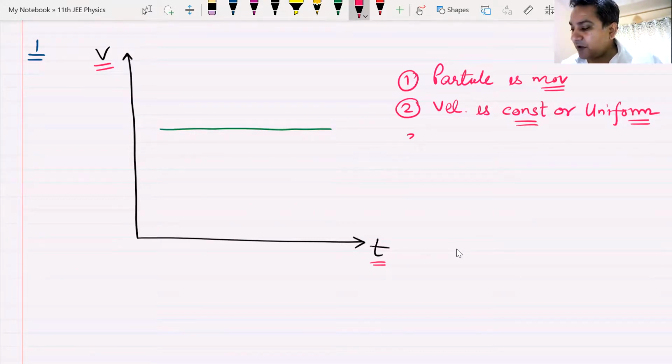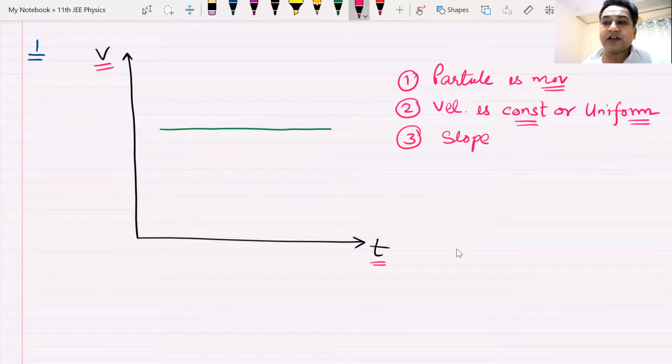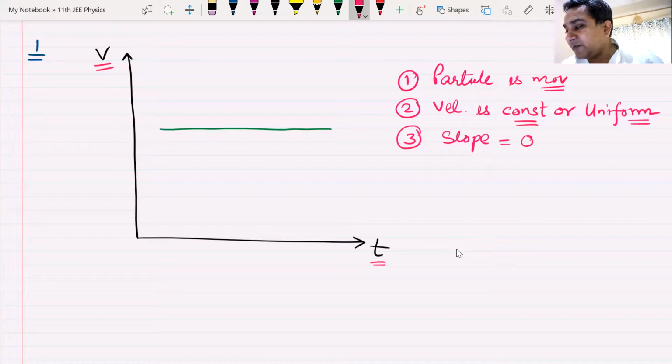Okay. Now I can make point number 3. What is the slope of this graph? Is it a positive slope graph? Is it a negative slope graph? Or is it something else? I'm getting all sorts of answers. The slope of this graph is zero.